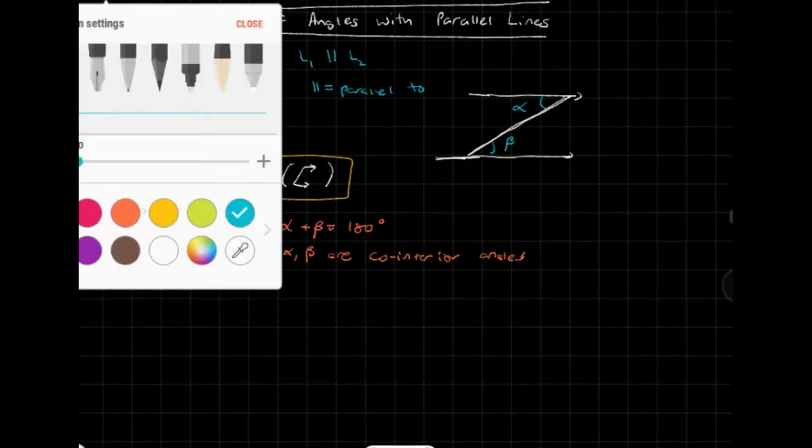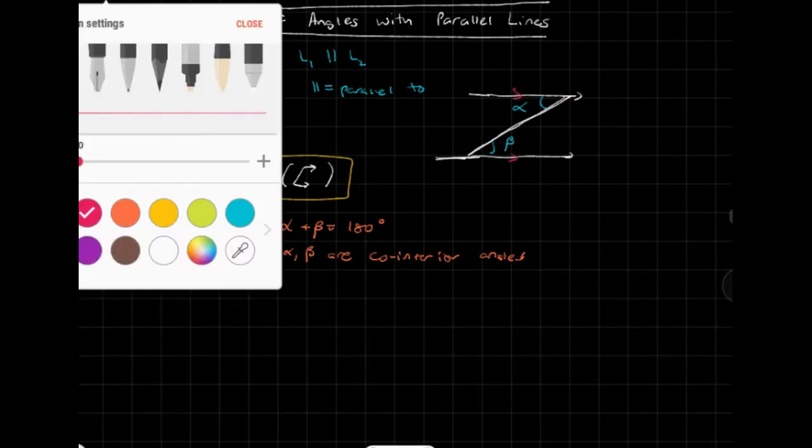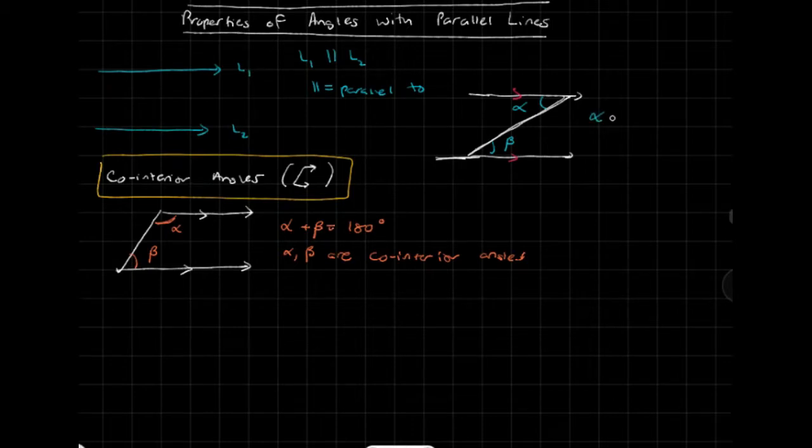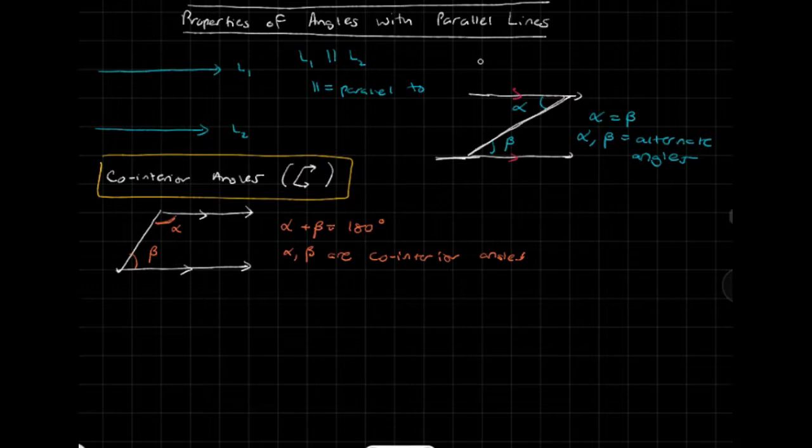Well, if this line is parallel, and you can only do this with parallel lines, if this line and this line was parallel, then alpha is equal to beta. And you can say that alpha and beta are examples of what we call alternate angles, or alternating angles. Okay, so alternating angles have this characteristic Z shape, so you can memorize that as well. Okay, so let's highlight that as well.